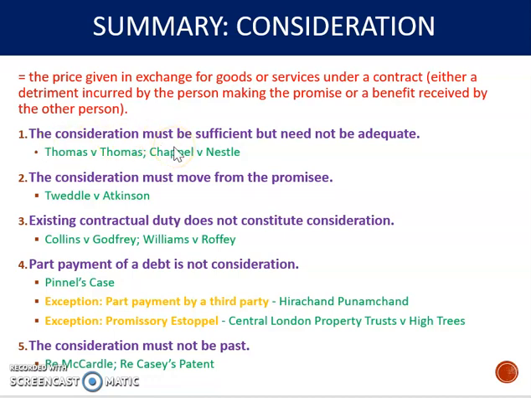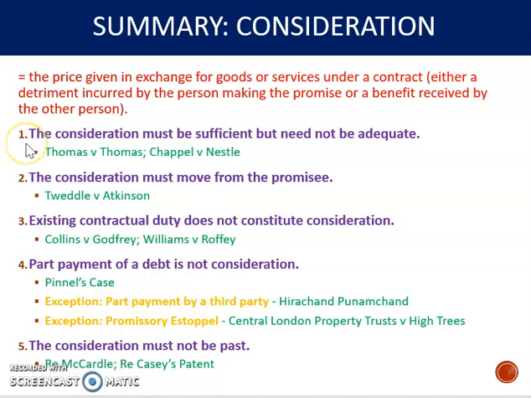And they can't be investigating whether something's the right price, if you like. We've got Thomas and Thomas on that, where we had a nominal rent being paid, and that was enforceable. And Chappell and Nestlé was where Nestlé chocolate wrappers were seen as being sufficient consideration.